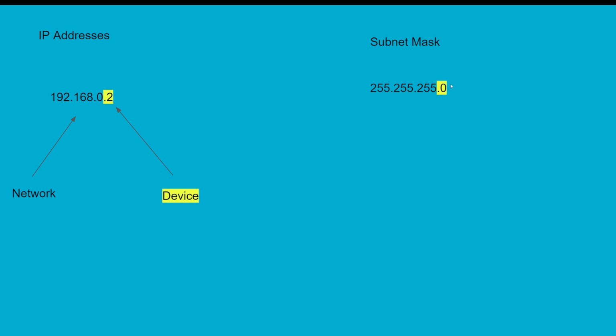The portion on the right is going to be our host or device section, and these both go hand in hand. As you can see, the network portion here is also the network portion here. So anytime you see 255.255.255, that all means network, and anytime you see a .0, or anything under 255, that is the portion for the devices. You might see that on your router settings.